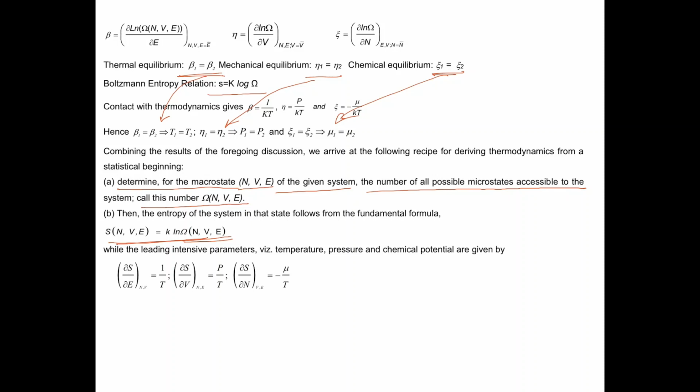Now, the leading intensive parameters, which are temperature, pressure, and chemical potential, are given by these quantities.